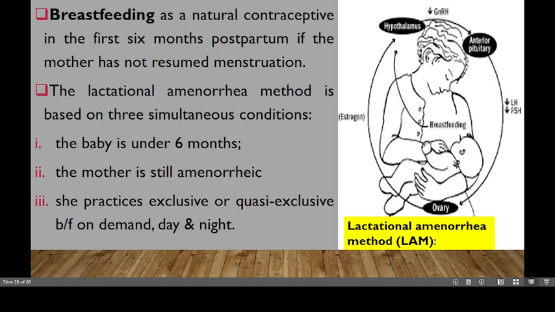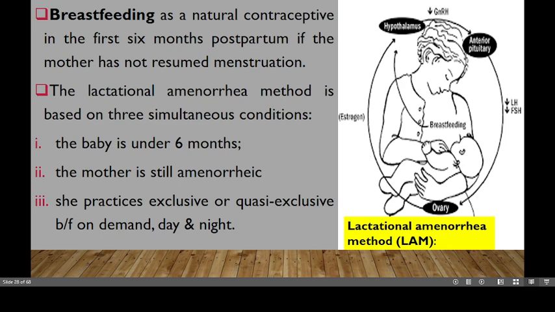Then you have the third natural method, and here we are talking about breastfeeding, which is, of course, the lactational amenorrhea method, the LAM method. And here we are banking on breastfeeding as a natural contraceptive in the first 6 months postpartum if the mother has not resumed menstruation.